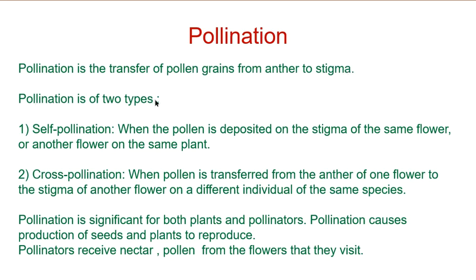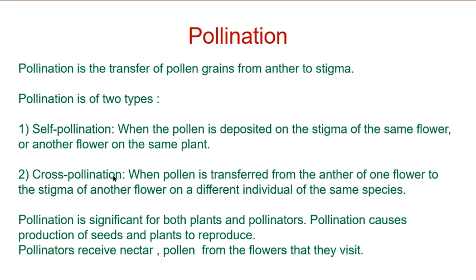Pollination is of two types: self-pollination and cross-pollination. Self-pollination is what? When the pollen is deposited on the stigma of the same flower or another flower on the same plant. Means the flowers on the same plant, when they are pollinating by themselves, it is called self-pollination.